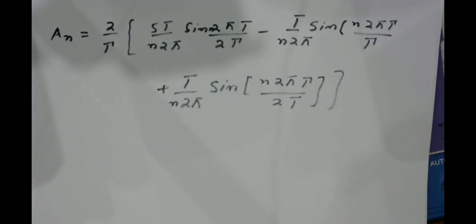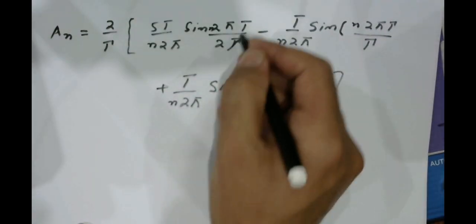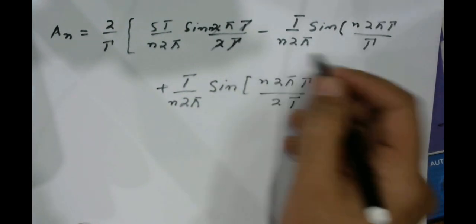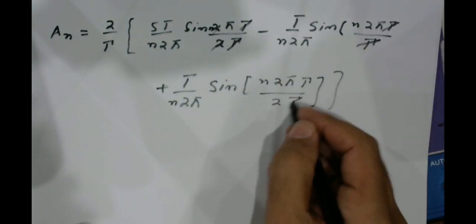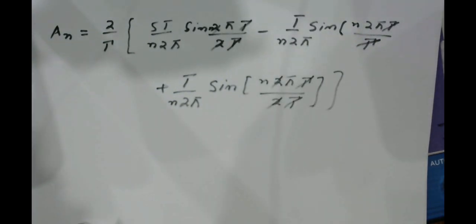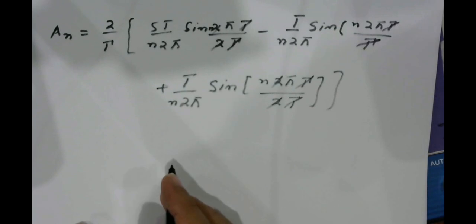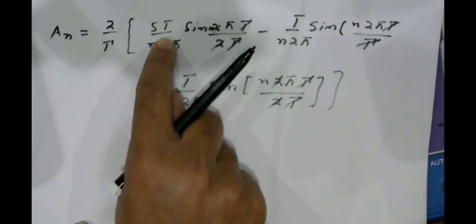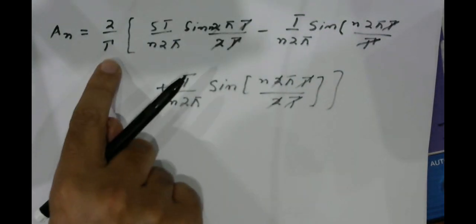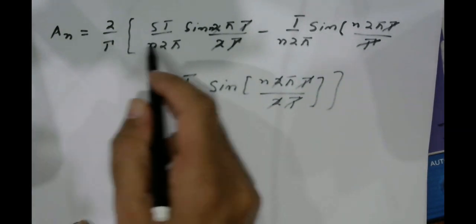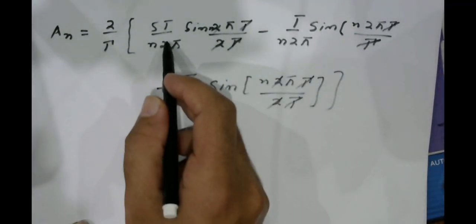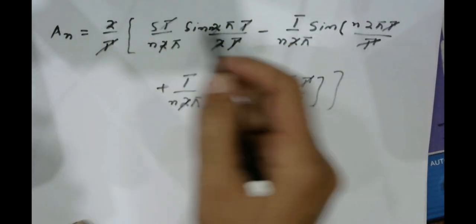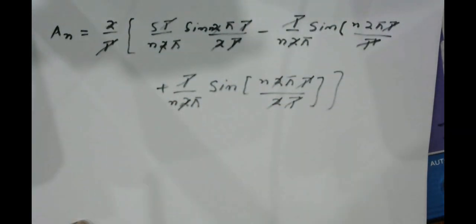That's what we get. Now you can simplify this thing by cancelling T over this and cancelling this 2 over here. This T cancels with this one, this T cancels with this, then the 2 cancels with this thing, right? So what you get in the end is, this 5 is multiplied with all these things, okay. In division you have this 2, you have this 2 and this 2, you cancel it with this one, and in numerator you have T, so you cancel these T values with this T value, right?